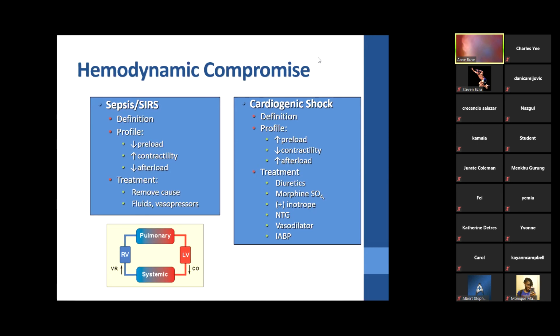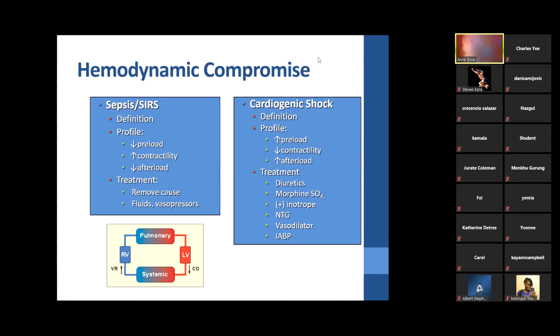Subsequent to that, your body's going to say, gee, I don't have enough volume, so one of the body's responses to a decrease in volume is vasoconstriction. So with vasoconstriction, you're going to increase the afterload. And then because you've vasoconstricted, you've got a smaller tank. Subsequently, with a smaller tank, you're going to have an increase in preload accordingly.